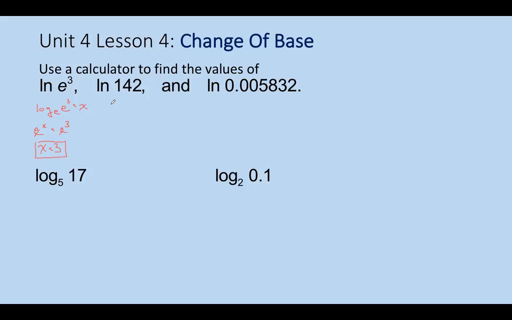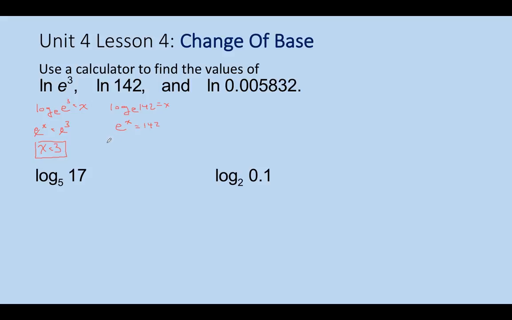Now again, thinking of this here, this is like log base e of 142 equals what? In other words, e to the what power equals 142. Well, that'd be like 2.71 to the what power equals 142. That would be complicated enough. So the fact that this is an irrational number makes me really glad that I have a calculator.